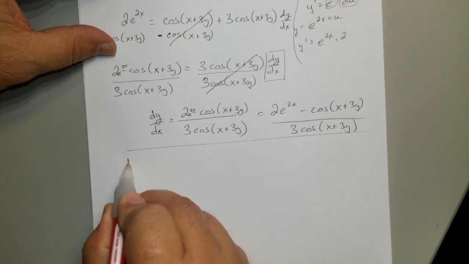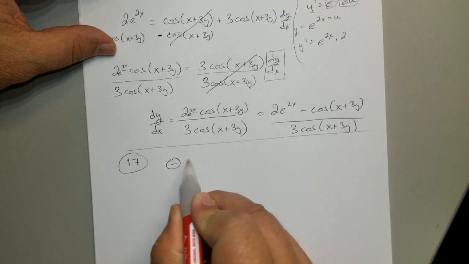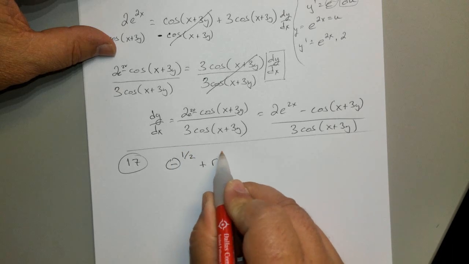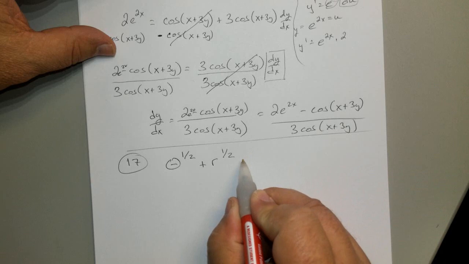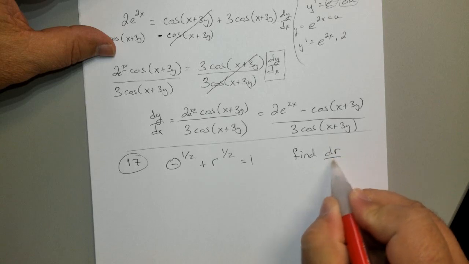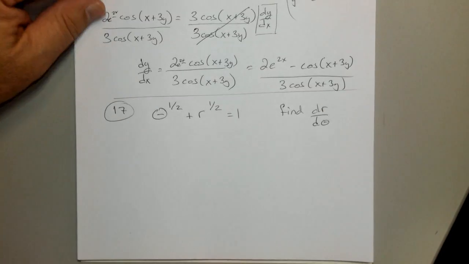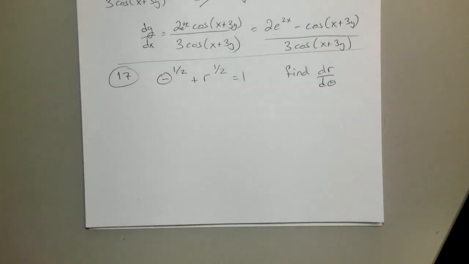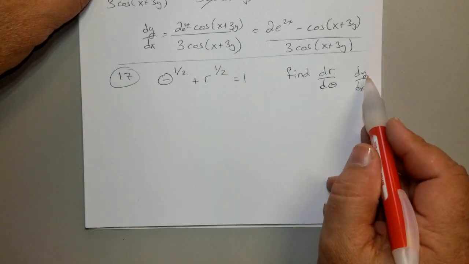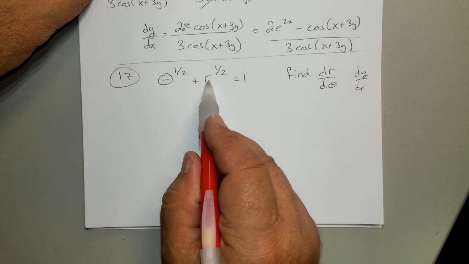How about number 17? Theta to the power 1/2 plus the radius to the power 1/2 is equal to 1. Find dr d theta. So the theta is the x, the r is the y, which means anytime we take the derivative of r, we have to put what behind it?